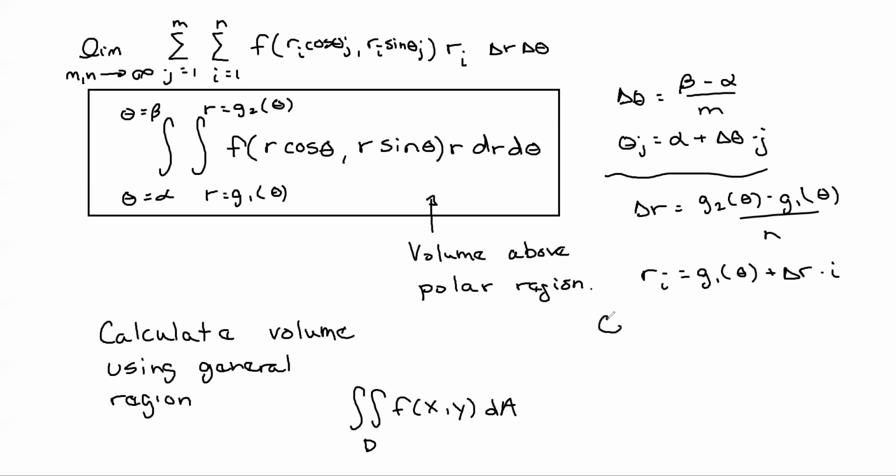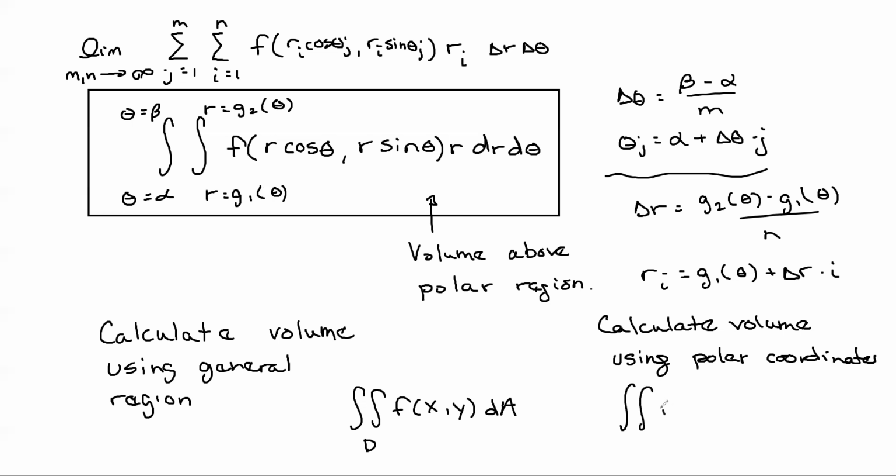Or you could calculate the volume using polar. And if you did that, you'd get a double integral of f of r cosine theta, r sine theta, r dr d theta, from g1 of theta to g2 of theta, and from alpha to beta.